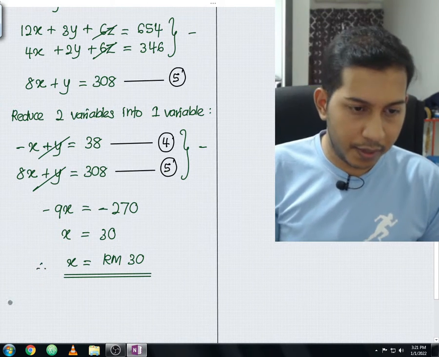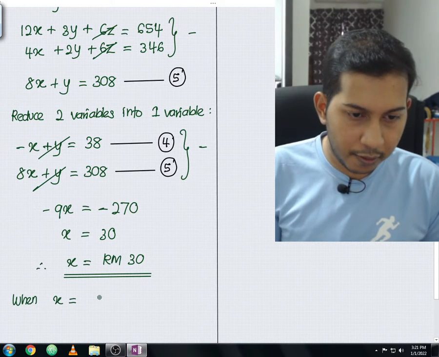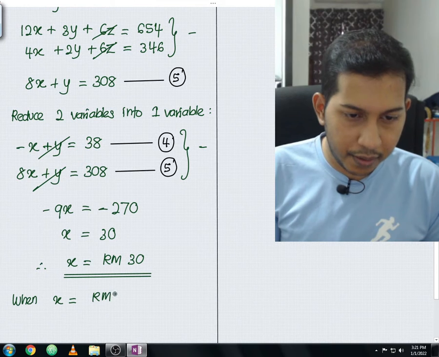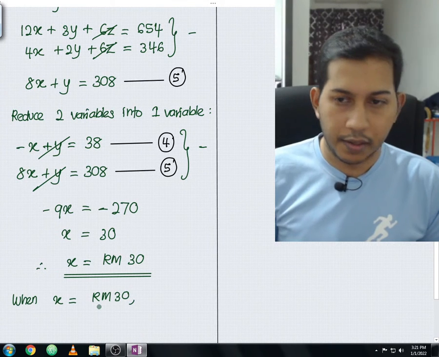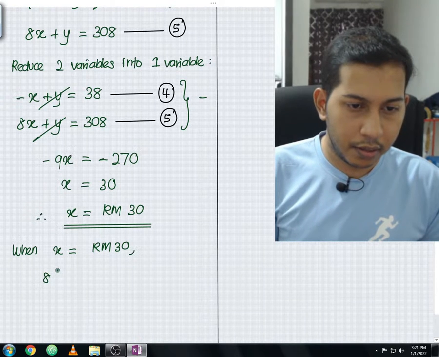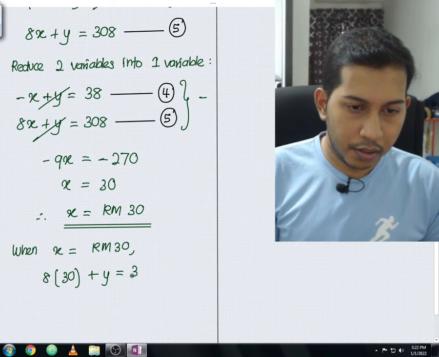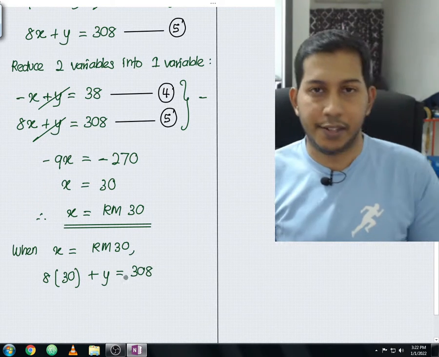So when x is equals to 30 ringgit, 8 times with 30 plus with y is equals to 308.